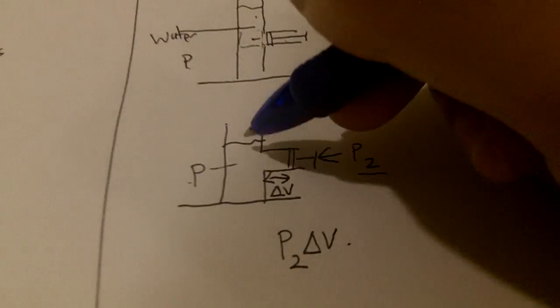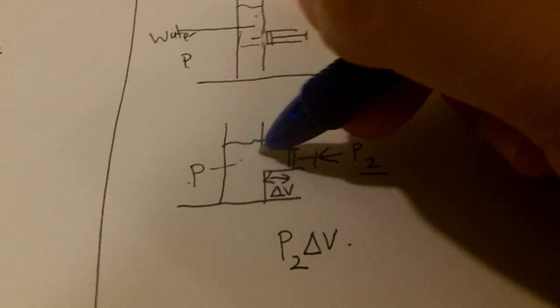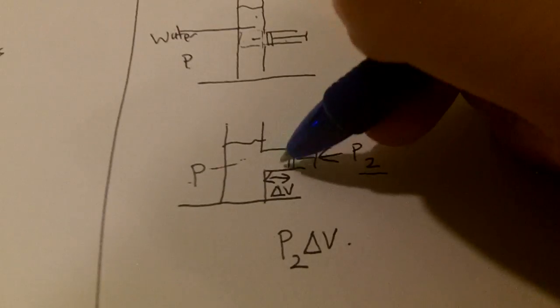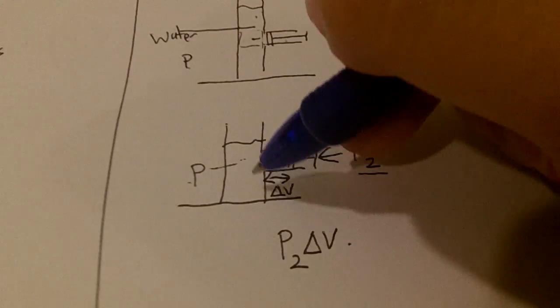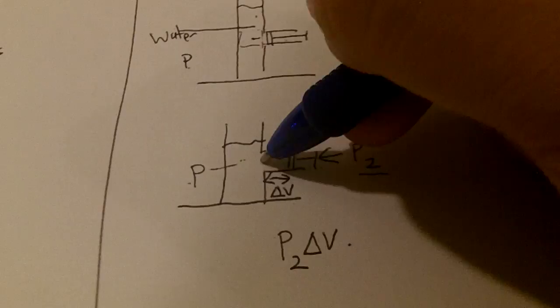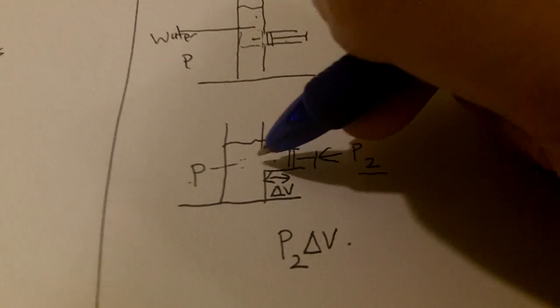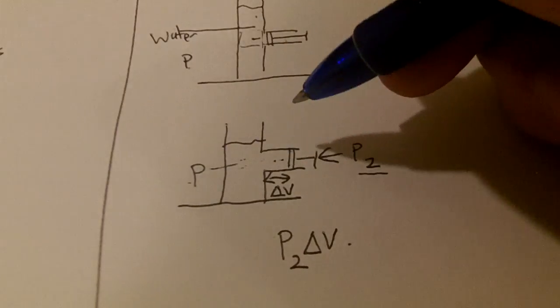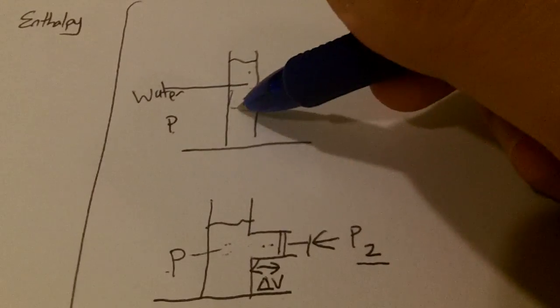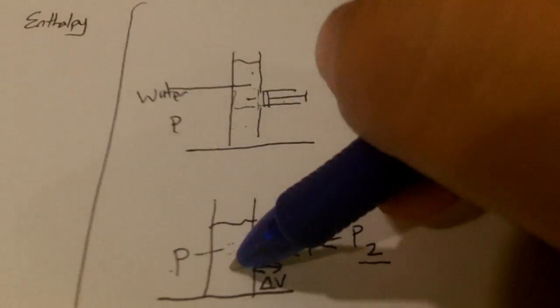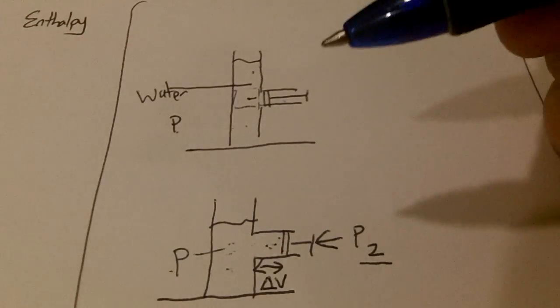So just to get the liquid out from this cylinder to this area here, the system has to do flow work to get it from here to here. And notice also that there's no kinetic energy change from here, which is stationary, to here, which is also stationary.